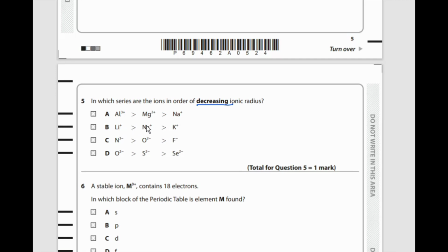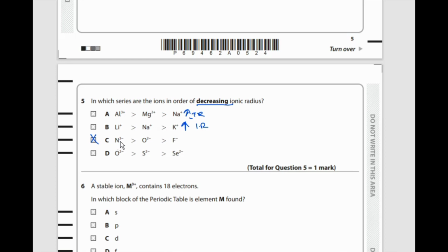Lithium compared to sodium ions and potassium ions, that is increasing. In this case we have increasing ionic radius, IR. Nitrogen, oxygen, this becomes our answer because we can see there is a decrease in ionic radius.